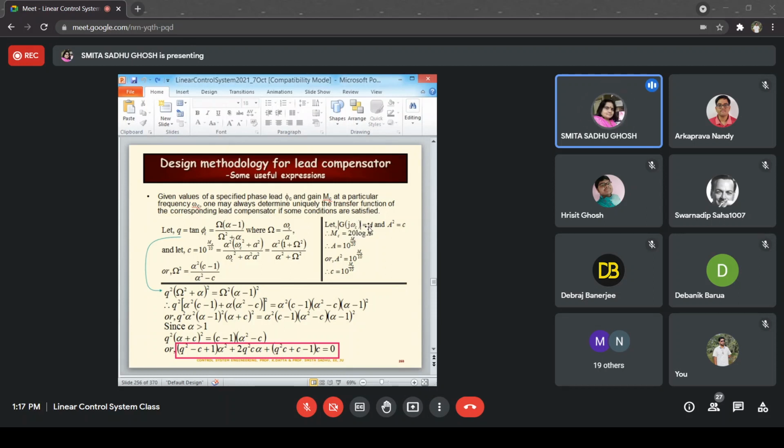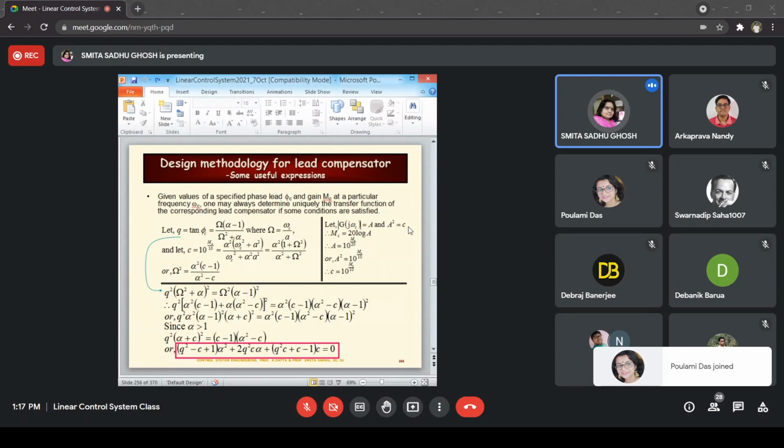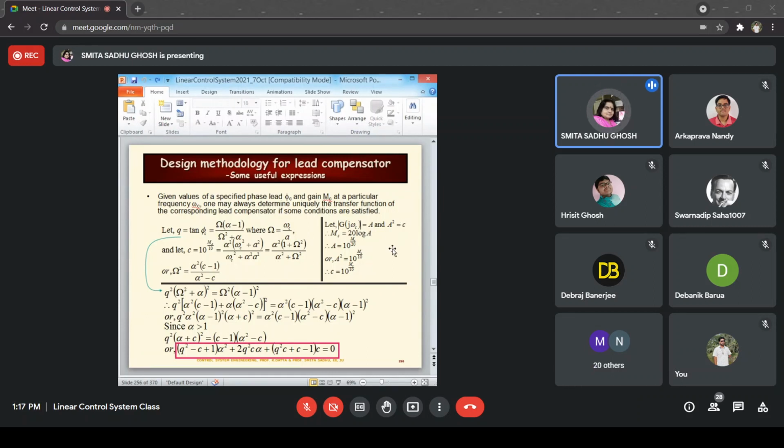Basically, the whole of it is denoted as A. So the magnitude of the G(j omega c) transfer function is denoted as A, and let A square be equal to C. When you put A square equal to C, you can get rid of those root overs, because A inherently will have those root overs, but A square will not have it, right? I hope that's clear.